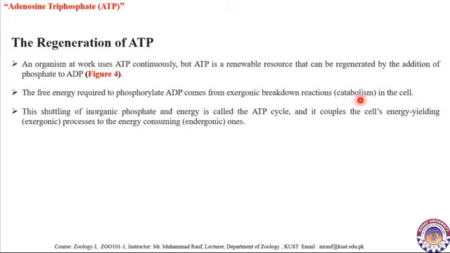Catabolism is the breakdown of glucose molecules or other molecules, which releases energy, and this energy is incorporated in the third phosphate bond in ATP. This shuttling of inorganic phosphate and energy is called the ATP cycle, and it couples the cell's energy yielding exergonic process to the energy consuming endergonic ones.